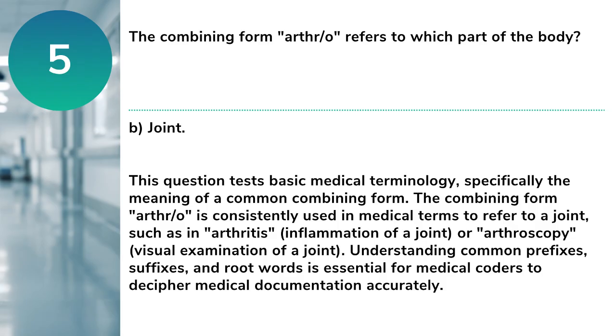This question tests basic medical terminology, specifically the meaning of a common combining form. The combining form arthr/o is consistently used in medical terms to refer to a joint, such as in arthritis, inflammation of a joint, or arthroscopy, visual examination of a joint. Understanding common prefixes, suffixes, and root words is essential for medical coders to decipher medical documentation accurately.